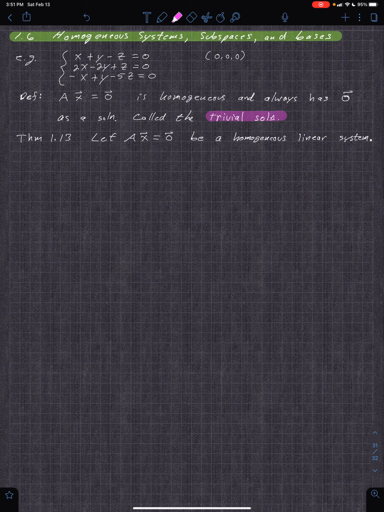It's almost like a building block for other systems when you look at stuff, but we'll talk about it as we go. So the next theorem is theorem 1.13, and it says this. Let AX equals 0 be a homogeneous linear system.